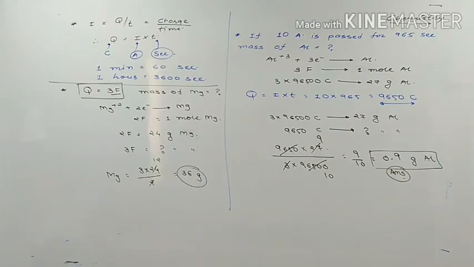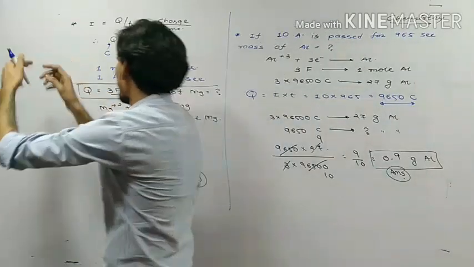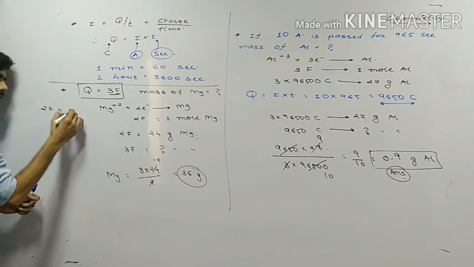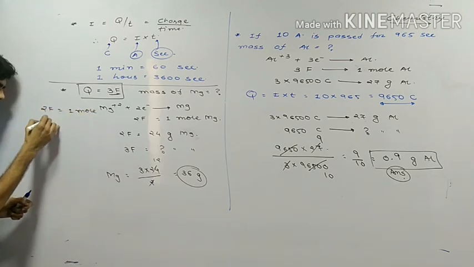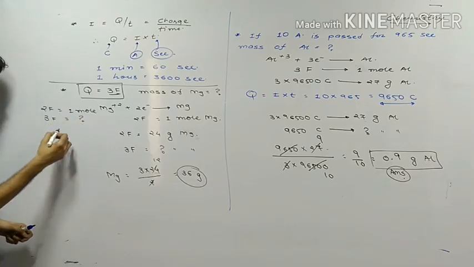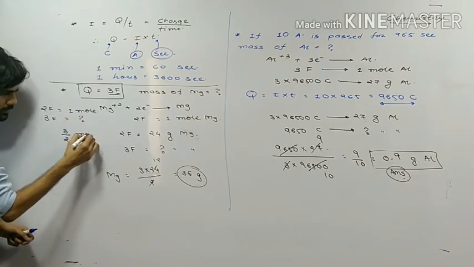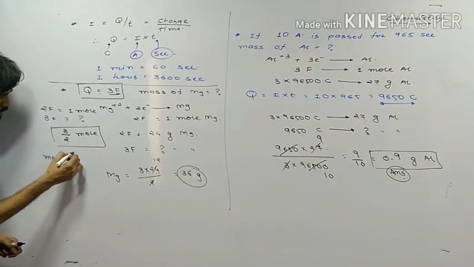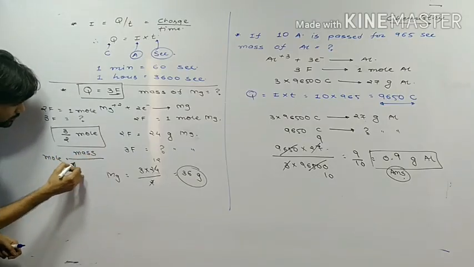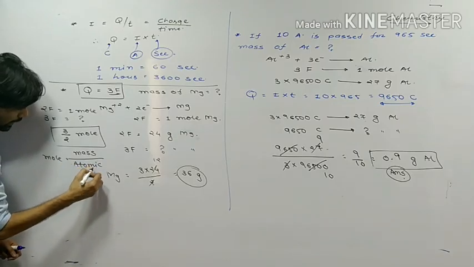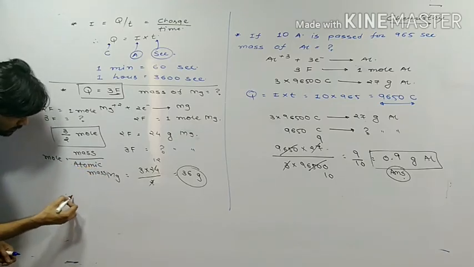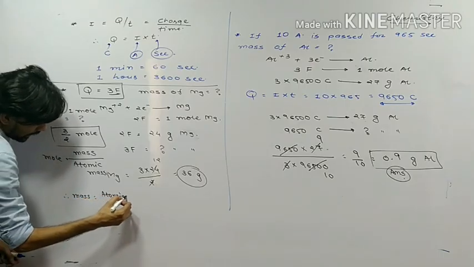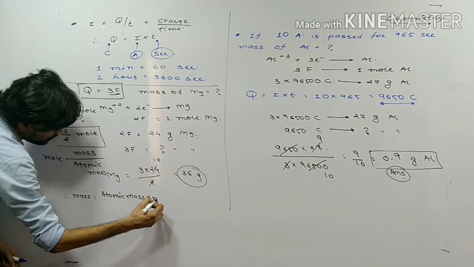Okay, we can calculate this question differently also. Like 3 Faraday. 2 Faraday is equal to 1 mole. 3 Faraday is equal to how much? Then 3 by 2 mole. Now, mole is equal to mass upon atomic mass. Then mass is equal to atomic mass multiplied by mole.